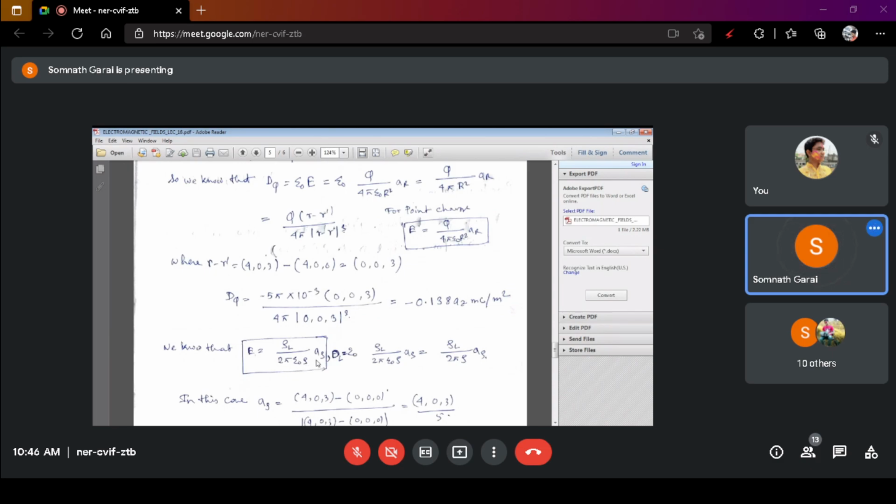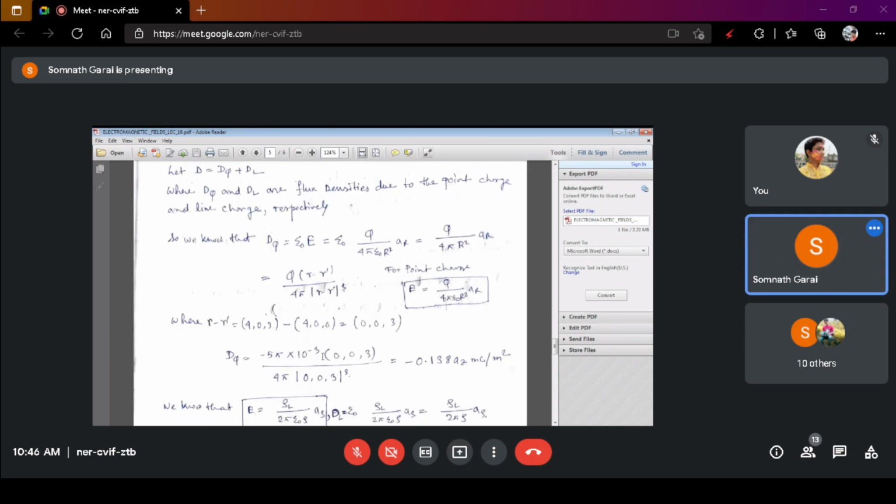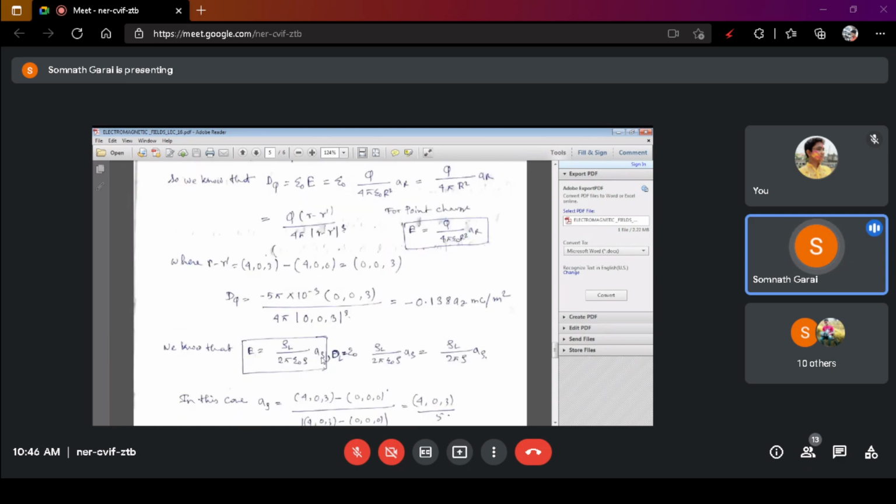Right? So the flux density with respect to this line charge is given by D_L is equal to epsilon naught into E.